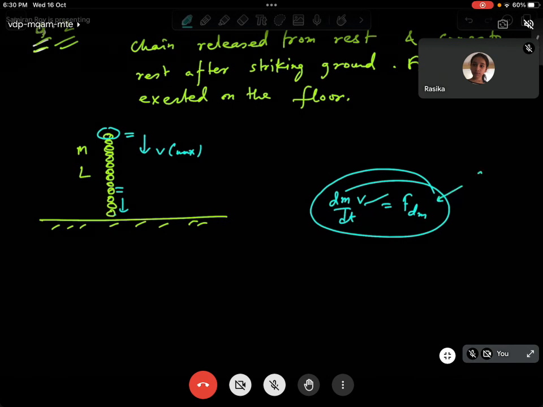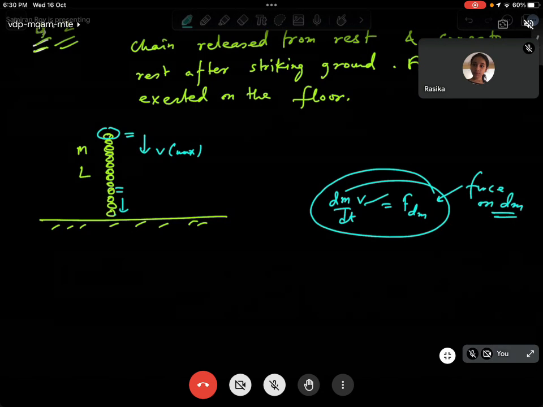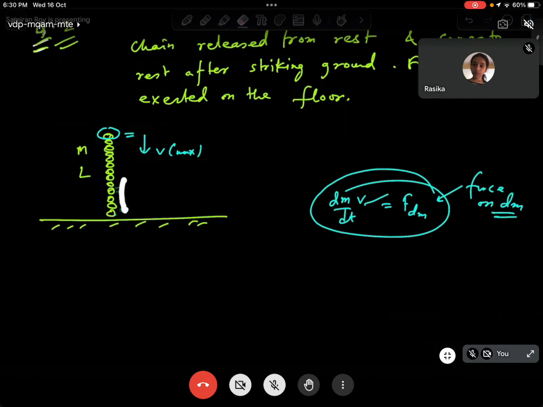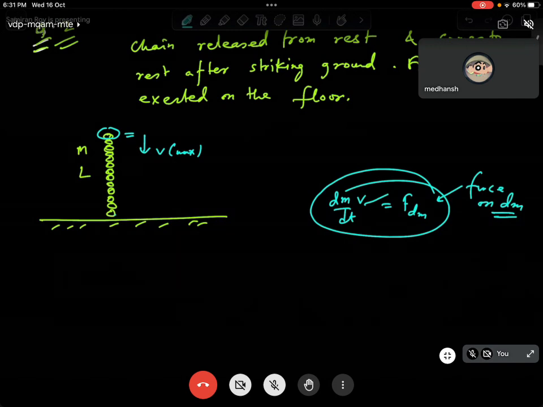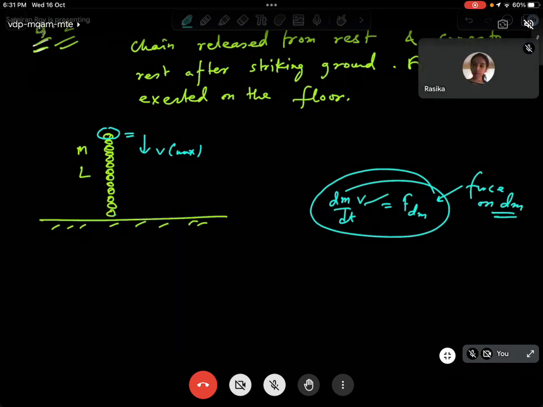This is the force on dm. Find the force exerted on the floor. 2mgx by L, that is correct.